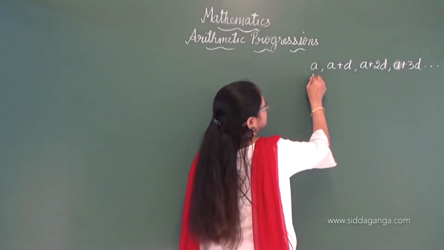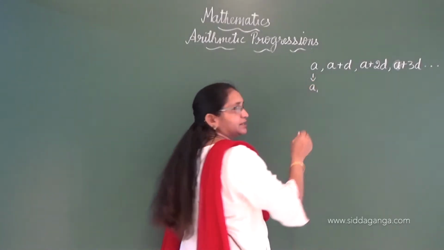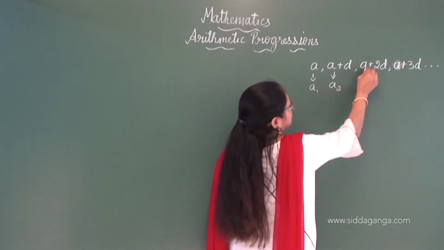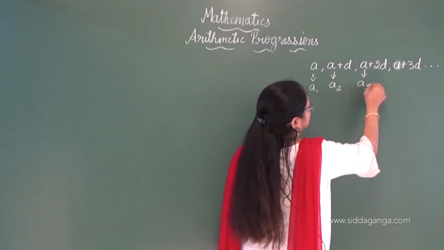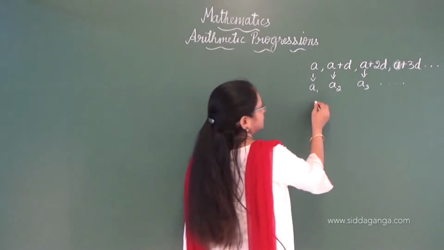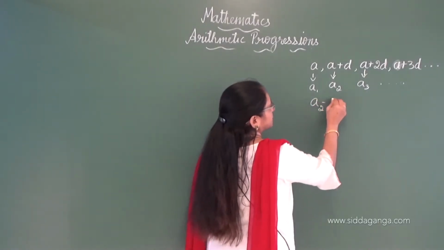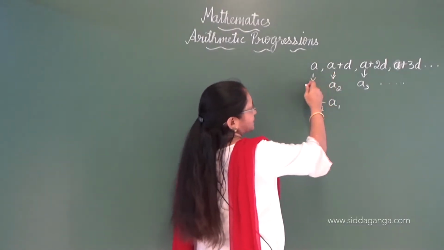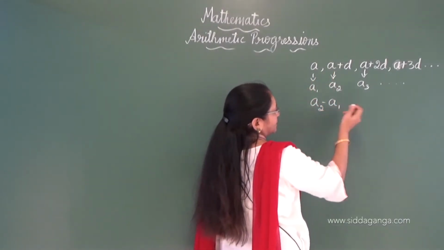Now this is the first term, that is A1, this is the second term, A2, third term A3, and so on. To find the common difference, we do second term minus first term, A2 minus A1.